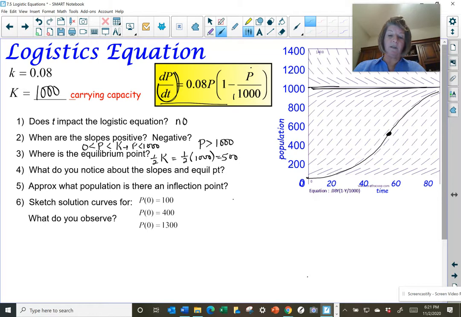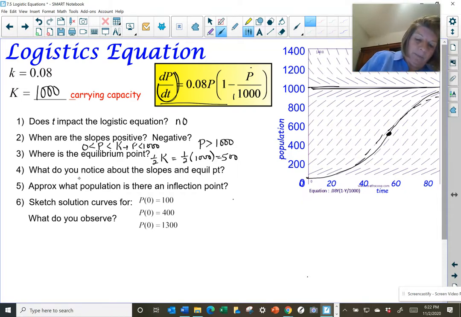What do you notice about the slopes and the equilibrium point? Well, the slopes start getting less steep after the equilibrium point, correct? Yeah, I've got steep slopes, and then they start slowing down.